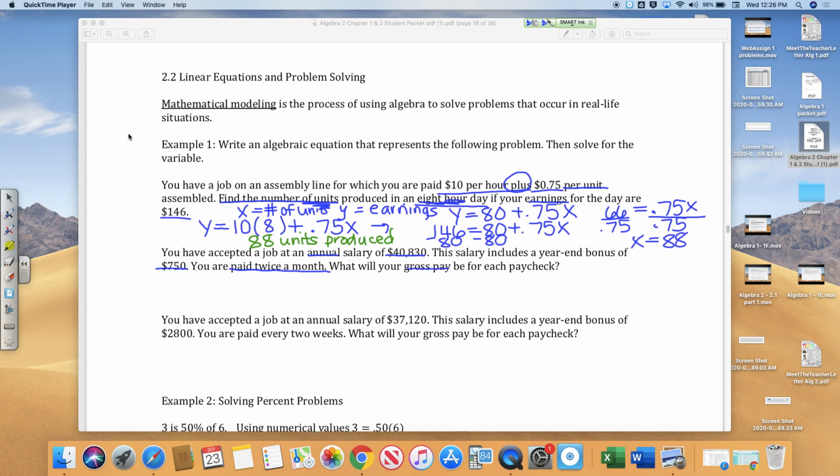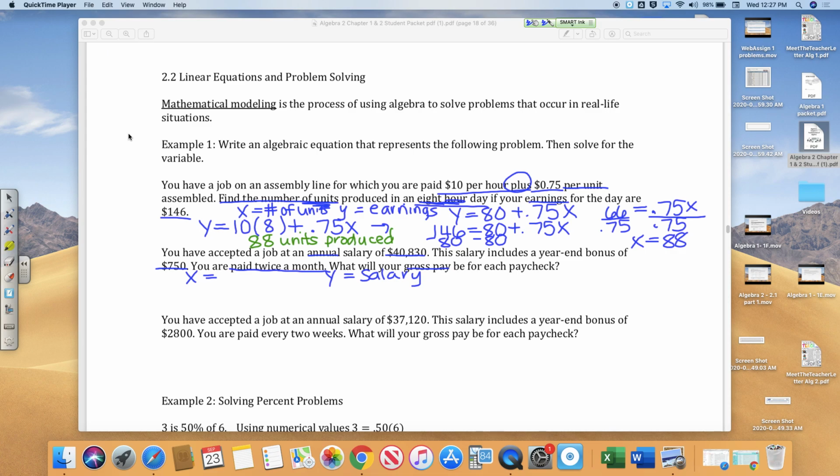So when you're creating your equations, it's helpful to write out x equals and y equals to help you brainstorm and create what these things are. Well, in this problem, we are dealing with a lot of money, right? So y would be equal to the total amount, like your total salary.